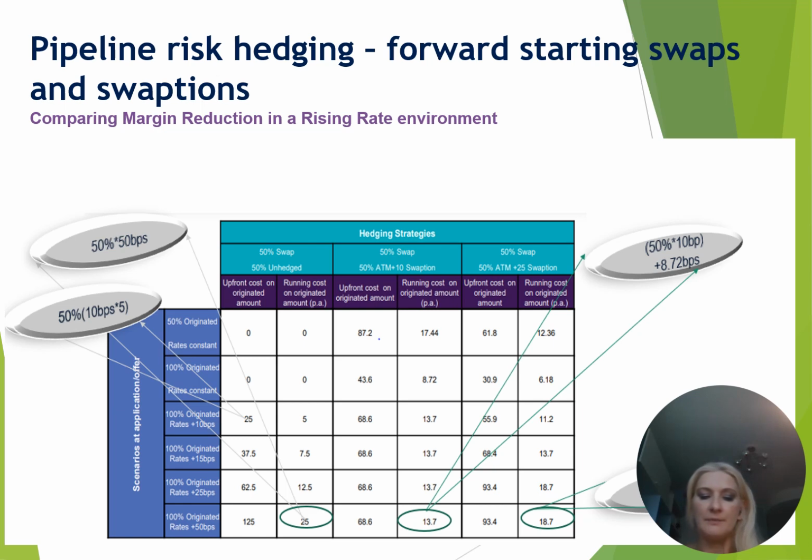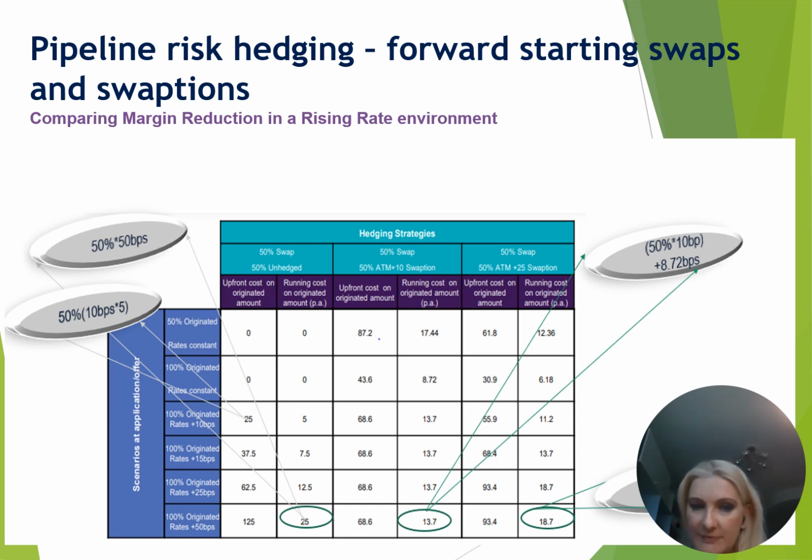Then, when the rates increase by 15 basis points, scenario 4, we have a similar situation: 50% of the rate move, which in this case is 7.5 basis points, is your cost in this scenario, because 50% of the pipeline is not hedged.